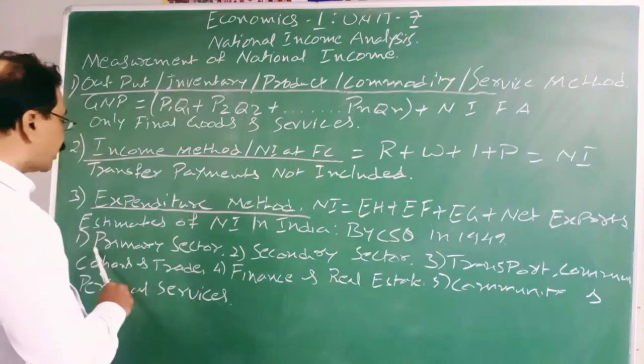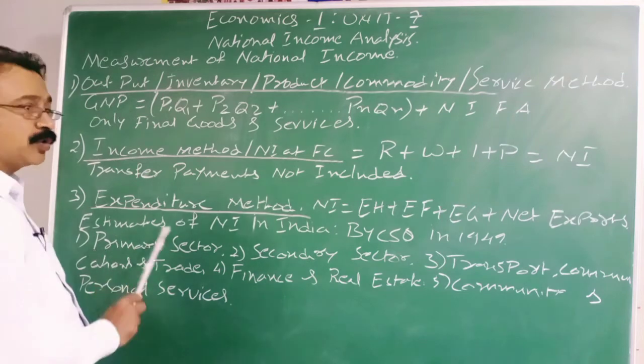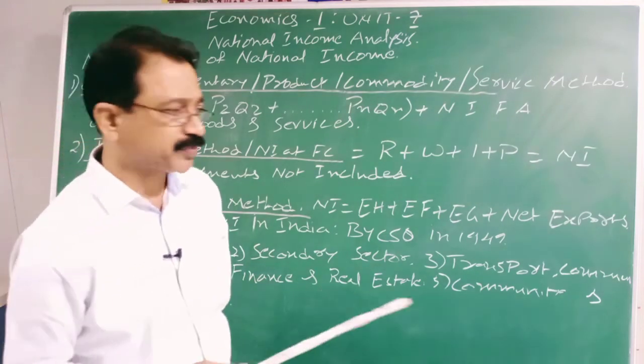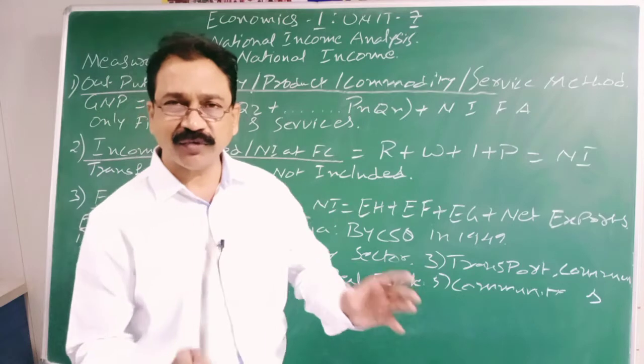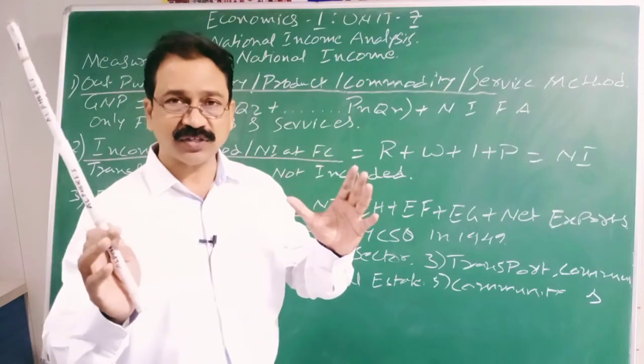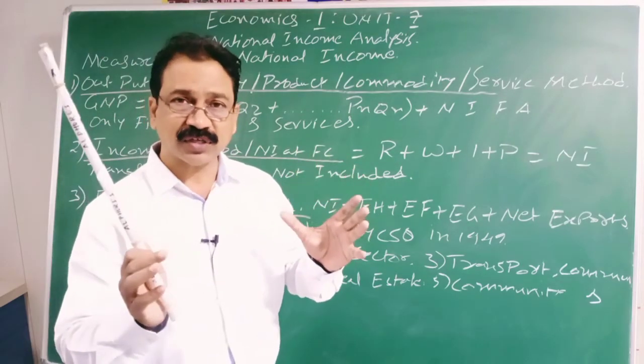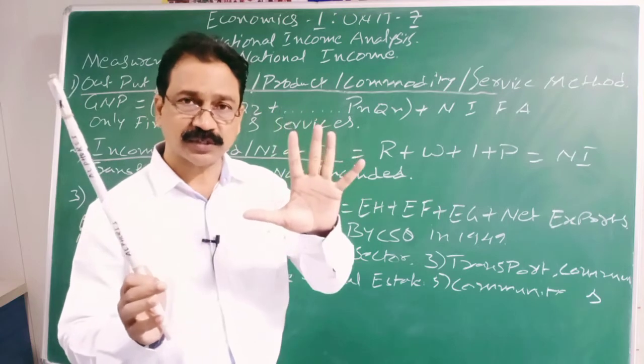We divide the economy into 13 sectors to estimate the national income, and those 13 sectors are made into 5 groups.